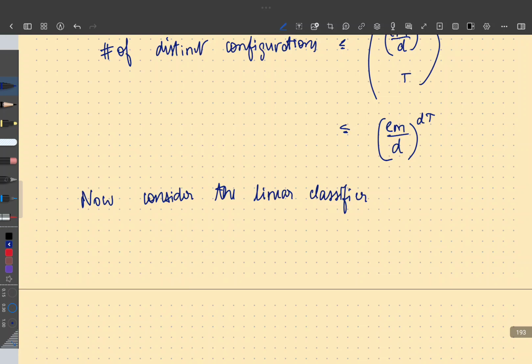So this linear classifier is in what dimension? T dimensions, right? And what is the VC dimension of a linear classifier in T dimensions? T plus 1. In this case, it's a homogeneous linear classifier, so the VC dimension is T. And therefore, how many possible configurations can the linear classifier generate?